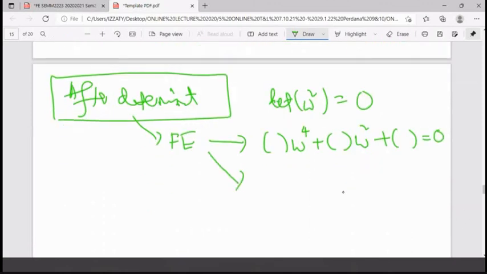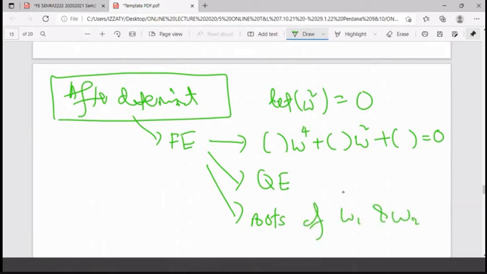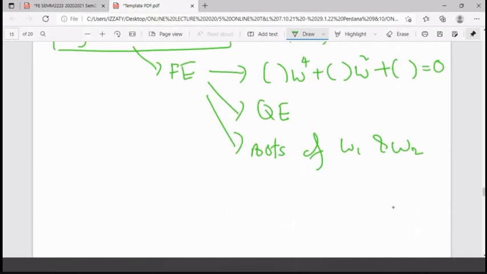Then quadratic equation. Then roots of omega 1 and omega 2. Okay, you complete the one, then you look for mode shape.